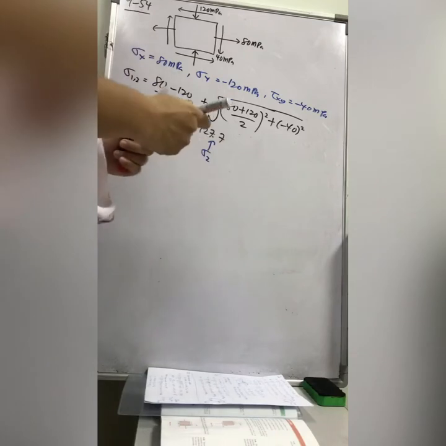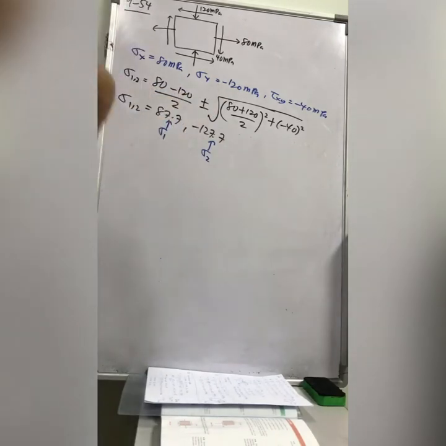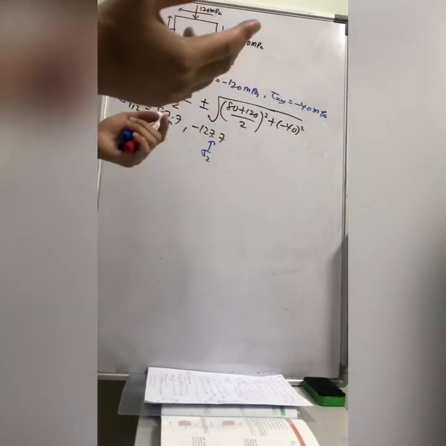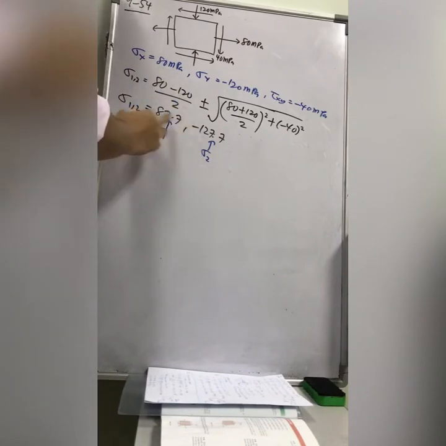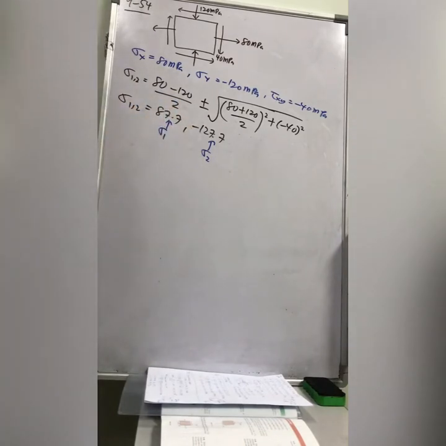How do you know that? Like I said, sigma 1 is the maximum principal stress, and sigma 2 is the minimum principal stress, so it includes the positive and negative. In this case, one is positive, so definitely the other is negative. So definitely this is sigma 1, this is sigma 2. The most tension, the most compression. That's what I mean. Actually it can be both tension and compression, by the way.